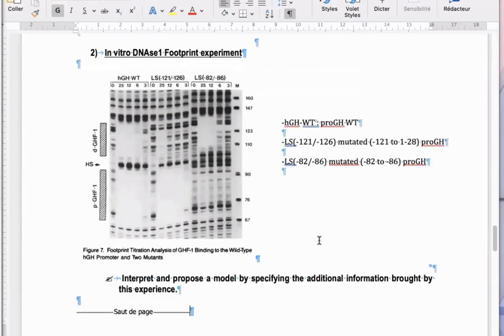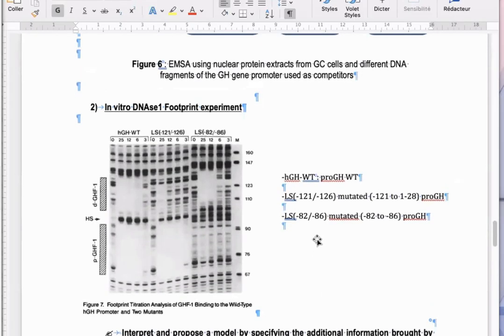So we finished this part of the exercise. So do you have any question? And do you see that it's using very simple method that we can have very detailed information even on the mechanistic of interaction?